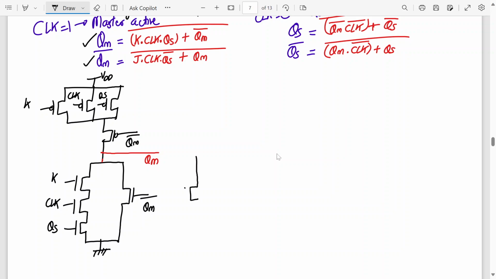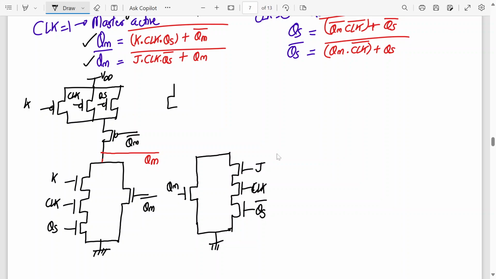Here I'll connect QM, right? Here will be three transistors with the inputs J, clock and QS bar, right? This is my output.